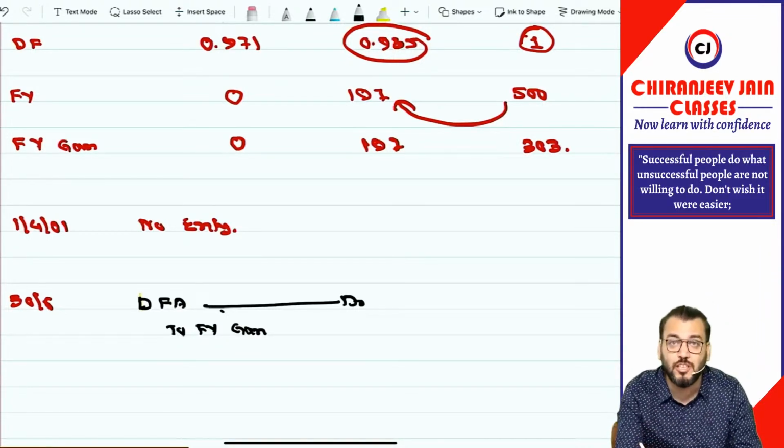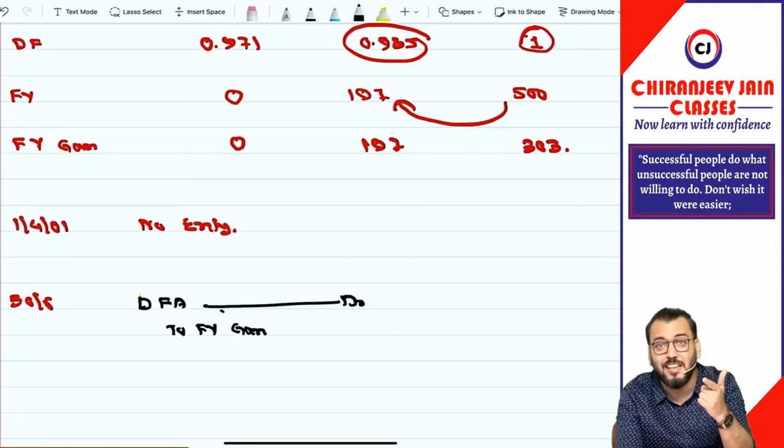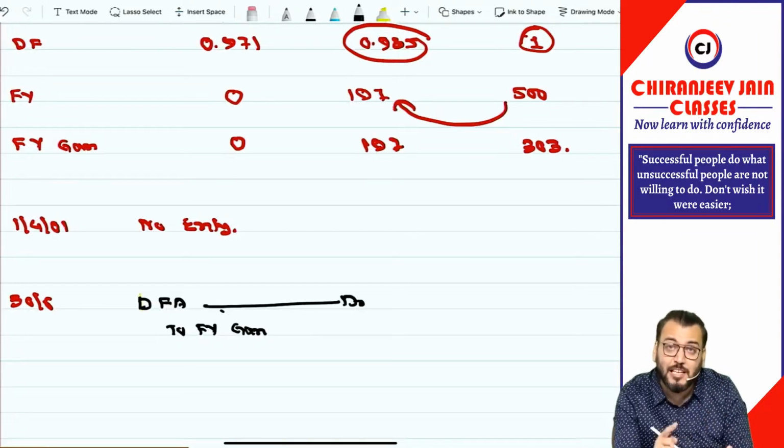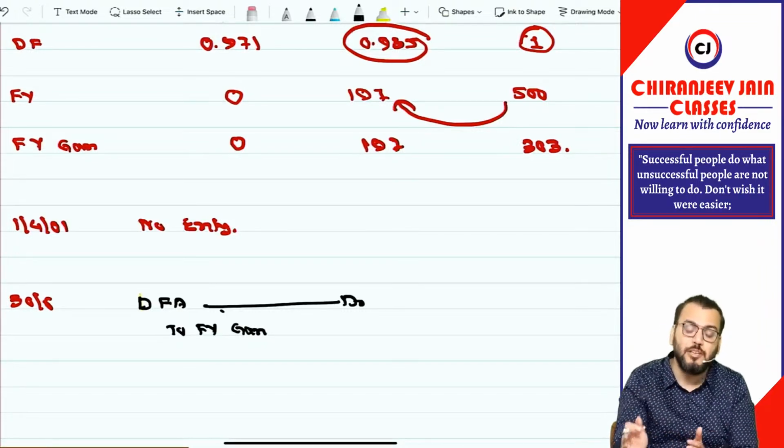Why will it be transferred to OCI? Because only when you do the actual sale can the gain or loss arise. Right now it is on expected sale of copper, and that transaction is not yet done, therefore it will be accumulated in a separate component of equity.